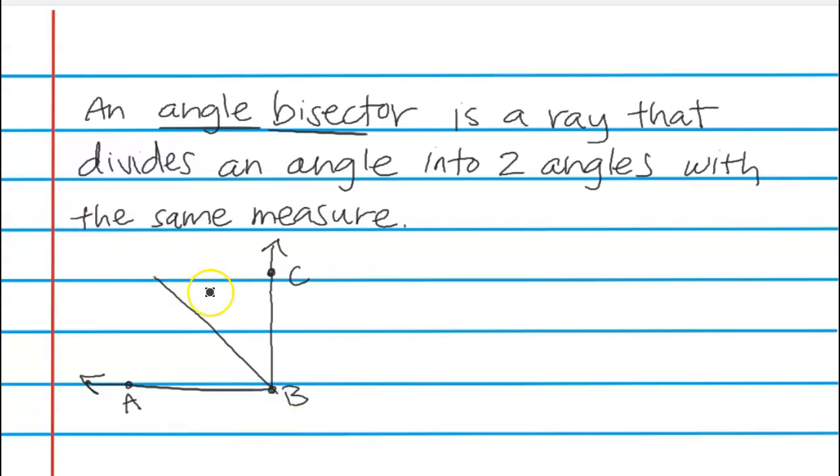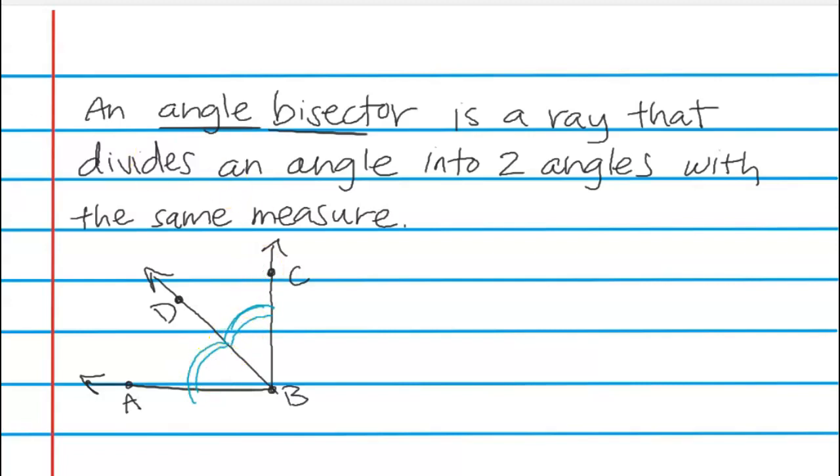So right down the middle, I have a ray, and I'm going to call this ray BD. So my angle is divided to result in two congruent angles, and how we're going to mark that is we're going to draw an arc on both angles, and we just need the arc or the mark to be the same. So I can have one arc, I can use two arcs, as long as the angle arc is the same.